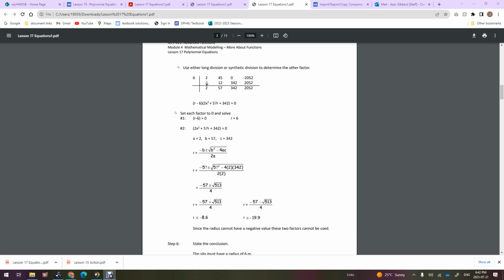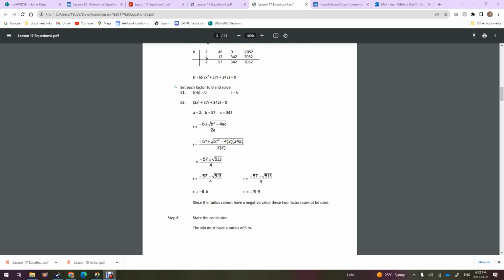So we did this work with our quadratic formula to see if there were any other factors, and we have found that the factor was 6. So what does that tell us? That tells us that the silo must have a radius of 6 meters.